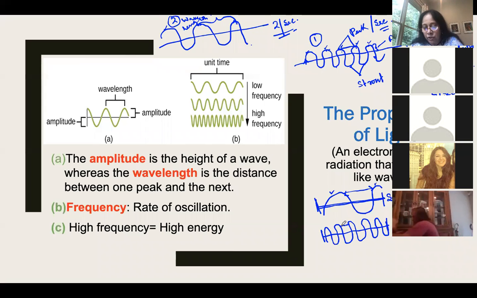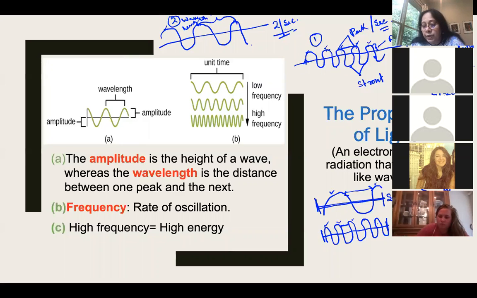Now, if we represent frequency by f and wavelength by w, then we can draw a relationship that f varies as 1 by w.